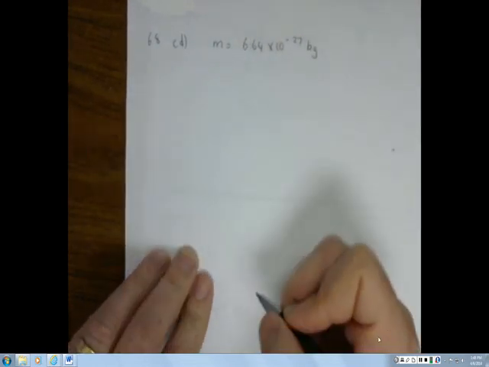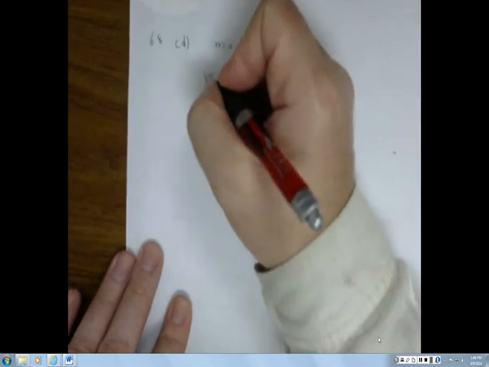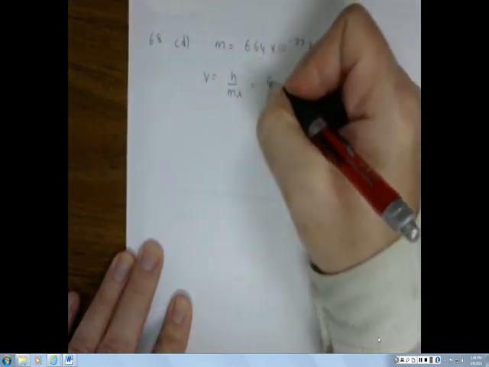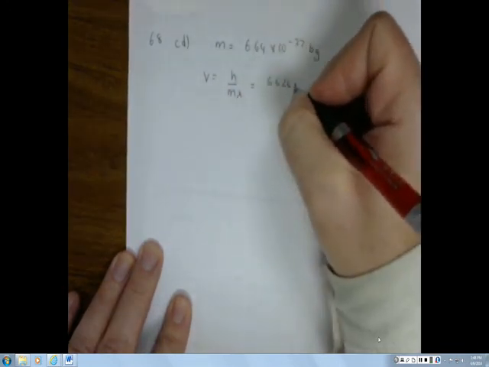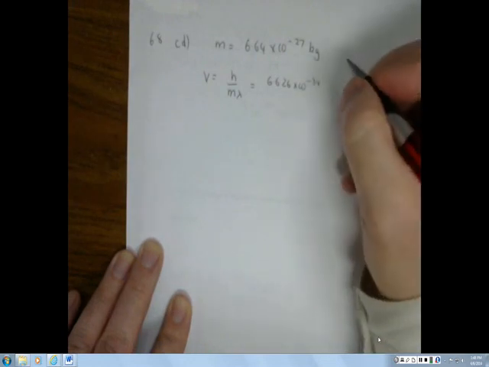We can do kilograms to grams in our heads now. Okay, the velocity is h on m lambda, 6.626 times 10 to the minus 34.